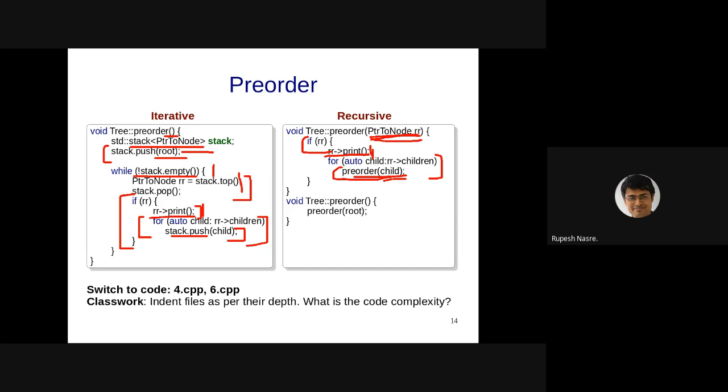Okay, so let's understand this, and it's a little crucial. So there is RR arrow print, and we agree that it is going to be order n across all the nodes. RR is also a computation, and that is also order n across all nodes.